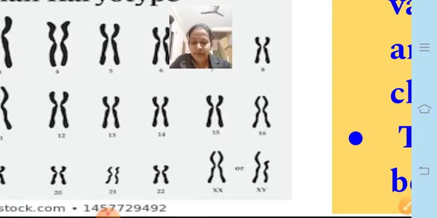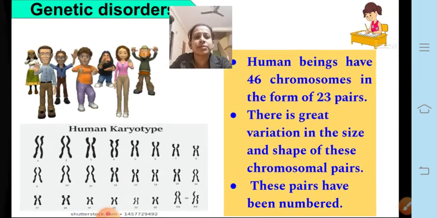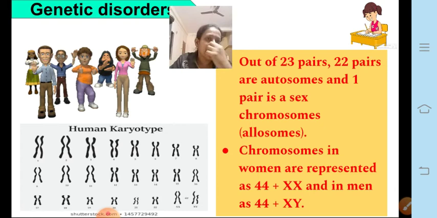Remember this. There is great variation in the size and shape of the chromosomes here; you can see that the size and shape of all the chromosomes is different. These pairs have been numbered from 1 to 23, wherein pairs 1 up to 22 are called autosomes, and the 23rd pair is called the sex chromosome. Chromosomes in women are represented as 44 plus XX. 44 means 22 pairs, 22 multiplied by 2 becomes 44, and the total is 46 chromosomes.